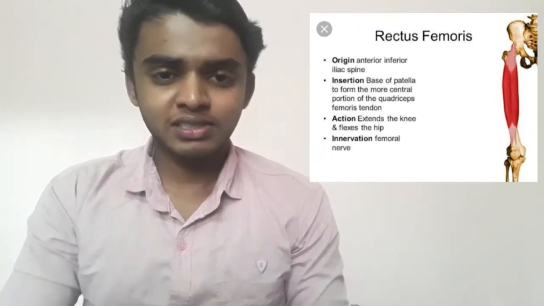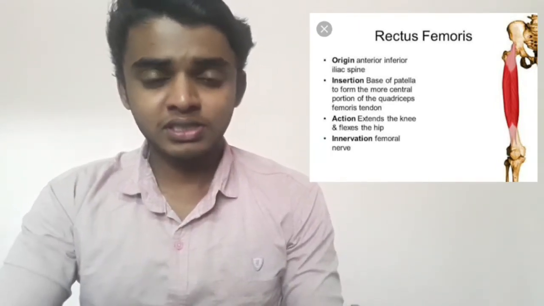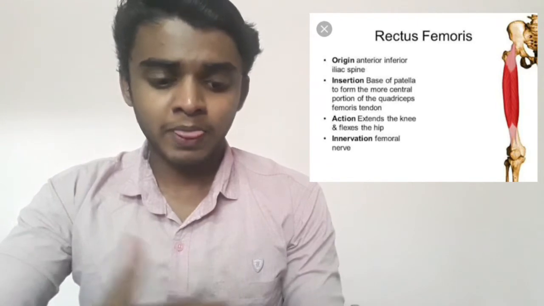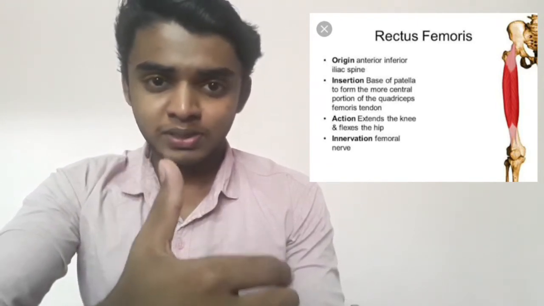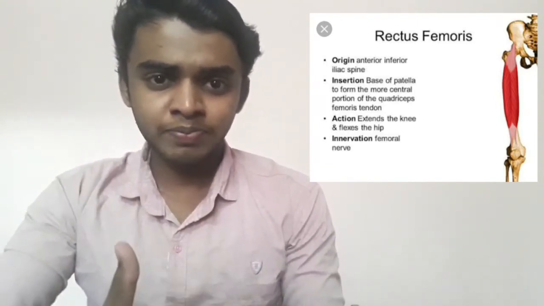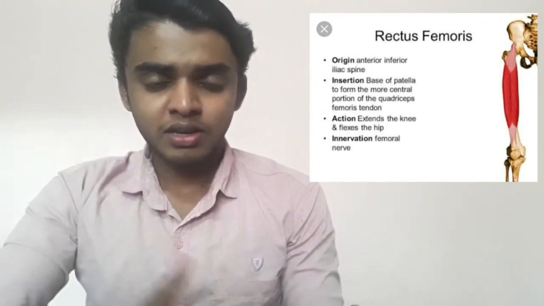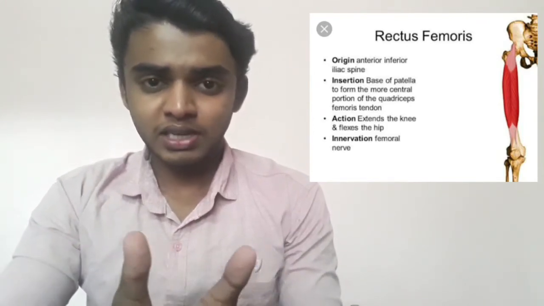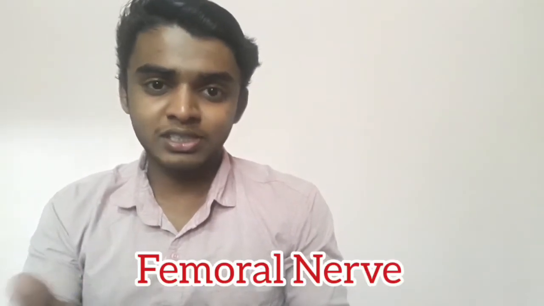When we see the insertion, the rectus femoris is inserted into the base of the patella, and the tendon of this muscle is present just anterior to the tendon of vastus intermedius, which I will explain later. Then the nerve supply to rectus femoris is by the femoral nerve.